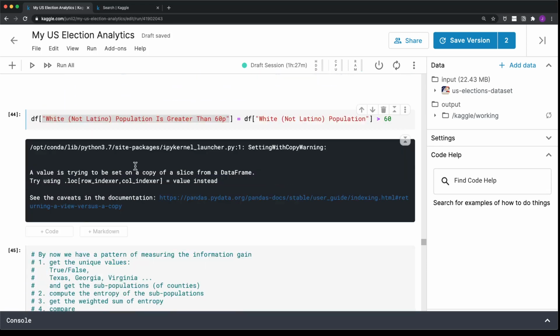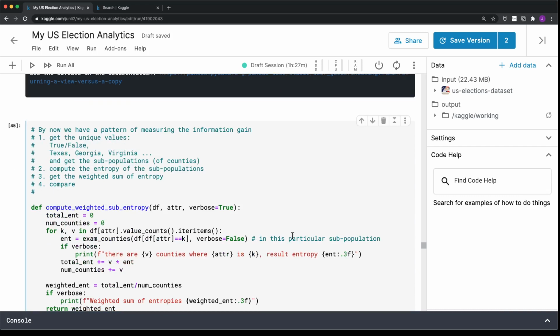Look, we have considered the subpopulation of choosing one attribute, and how about we further investigate this subpopulation using other attributes and do a finer division of the subpopulation, which means, look, now we split the counties into two groups.